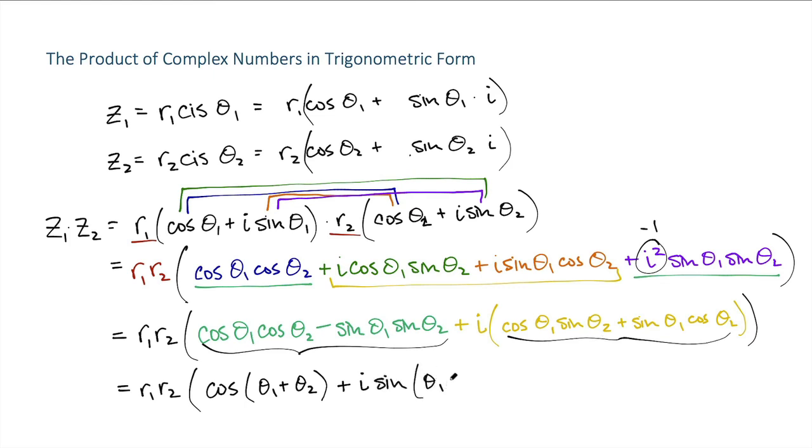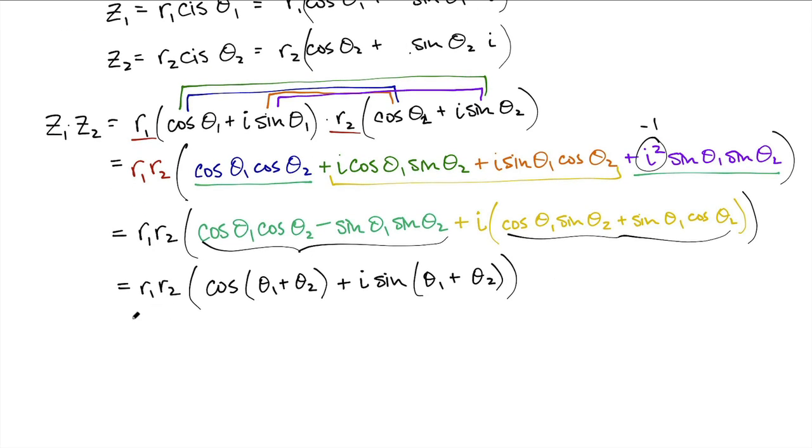Sine of theta 1 plus theta 2. And now notice what we have. We simply have here R1 R2, and this is cosine of something plus i times the sine of that thing. That, with my abbreviation, is cis of theta 1 plus theta 2.